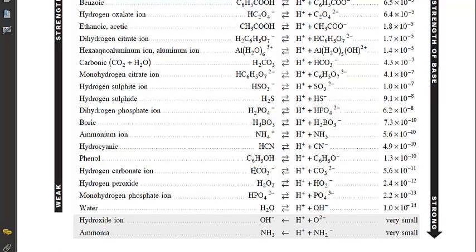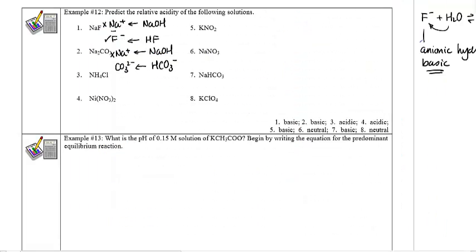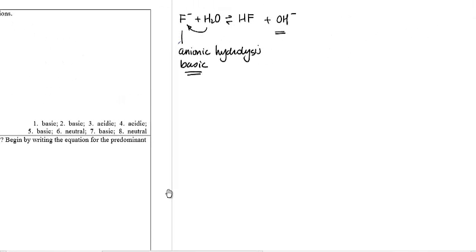And as you can see down here, it is the hydrogen carbonate ion. Again, it is considered a weak acid. That means it's going to have a stronger conjugate base. And so, as a result, we can conclude that the HCO3 minus is a weak acid forming a stronger conjugate base of CO3 2 minus, and so the CO3 2 minus, or the carbonate ion, is going to want to react with water. So the reaction of water is going to look as follows.